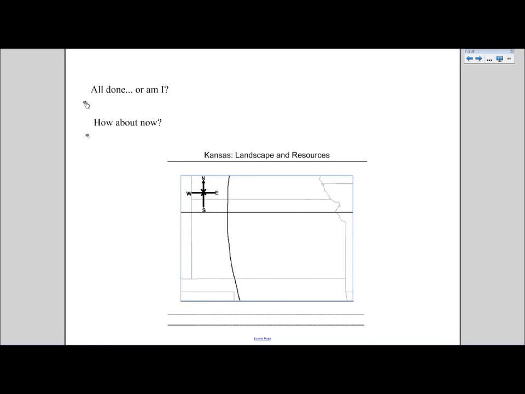Based on what our task said, have I completed number 2? Is my compass rose complete? How about now? Does everything look okay?